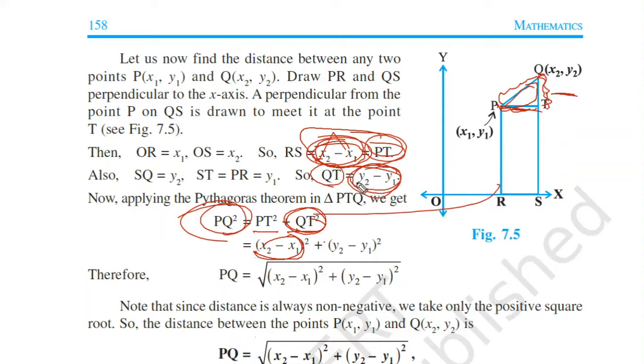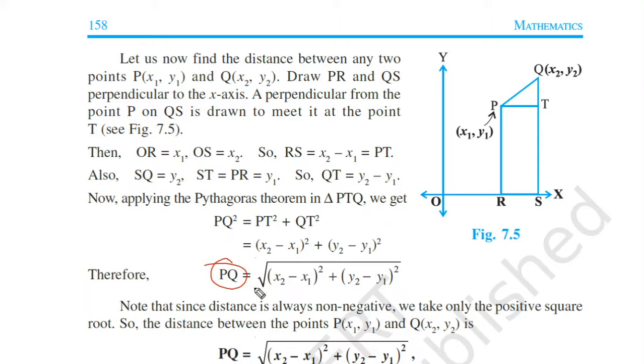QT is Y2 minus Y1, so plus Y2 minus Y1 square. Now PQ will be equal to root over of X2 minus X1 square plus Y2 minus Y1 square, root over.